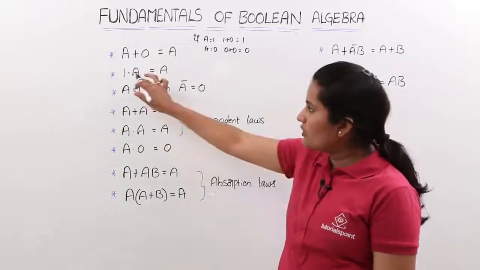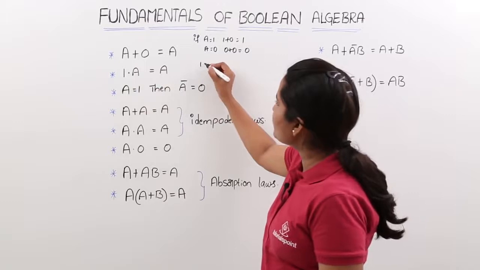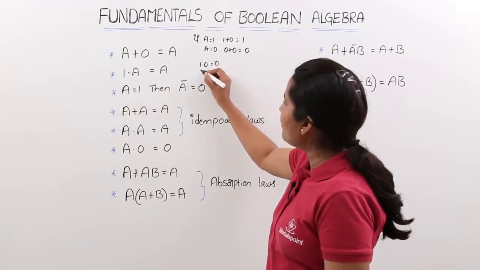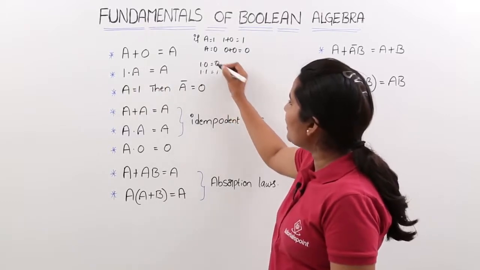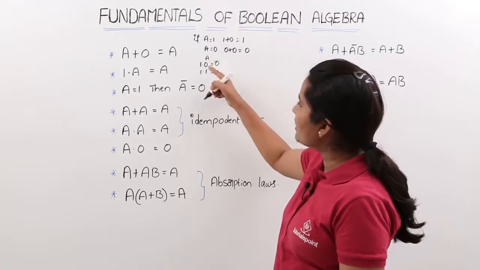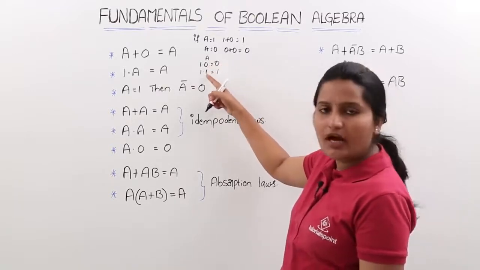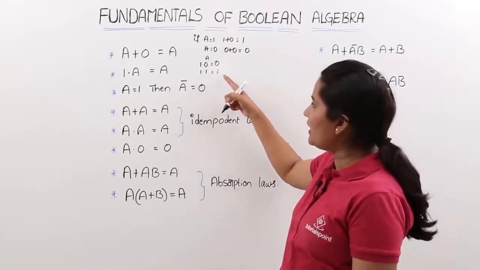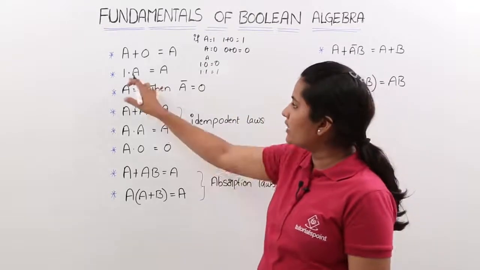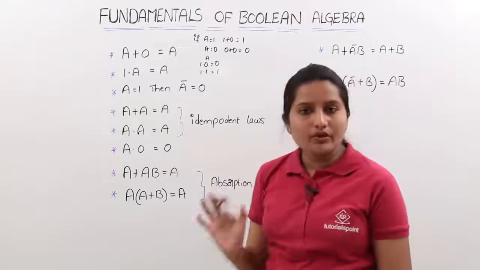If you take a as 0, you are getting 0 only. If you take a as 1, you are getting 1 only. So that is why 1 into a is also equal to a.